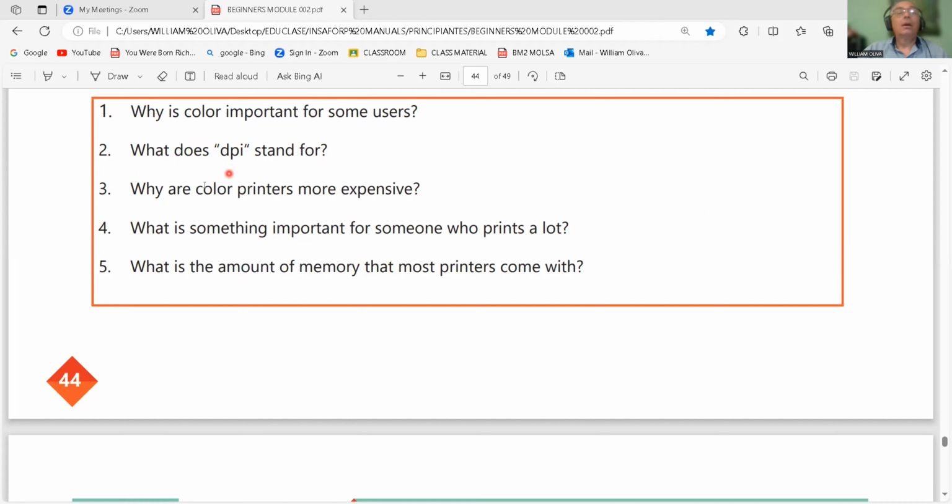Images. Why are color printers more expensive? I don't remember. Any idea? Because they use more ink.